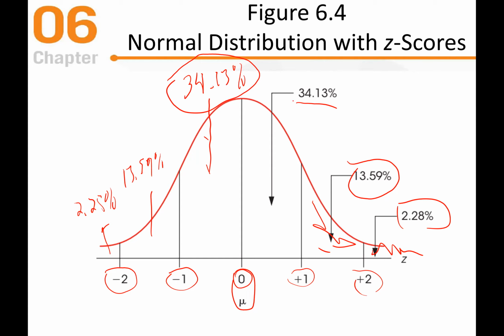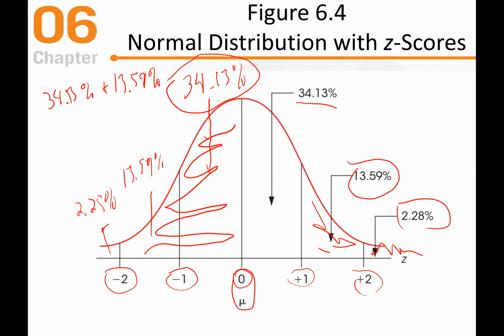But we can do more with this. If I ask you what is the proportion of scores between the mean and a z-score of -2, or 2 standard deviations below the mean, that would be 34.13% plus 13.59%. We would add up these two numbers.